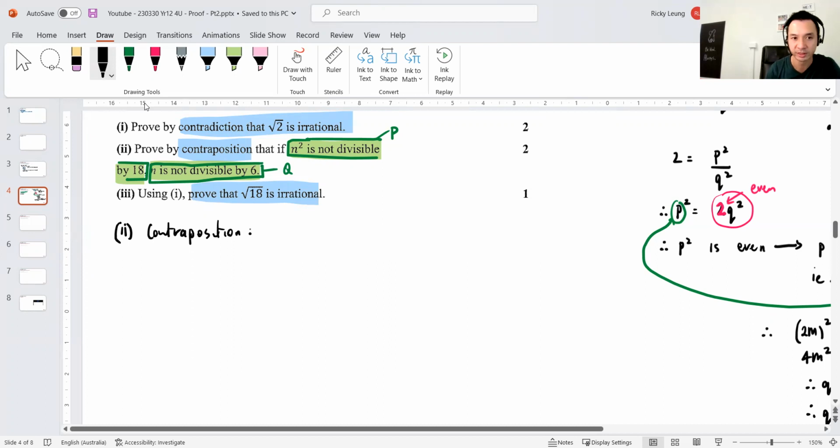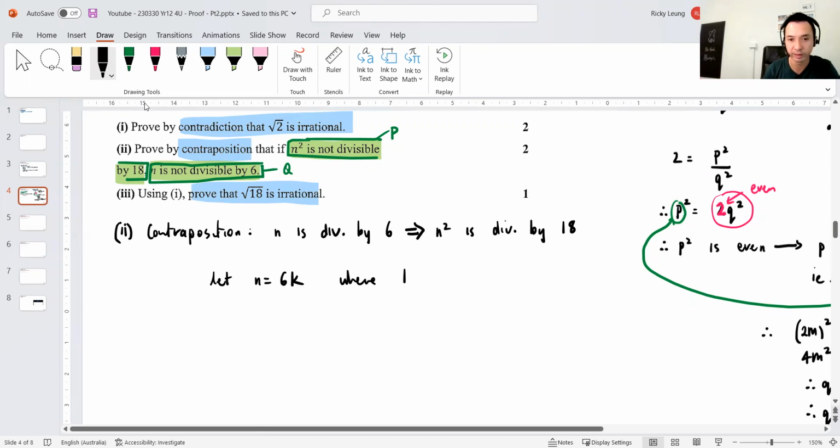So the opposite of Q is n is divisible by 6, implying n squared is divisible by 18. So in this case, all we need to do is let n equal 6 times some sort of multiple, k or something, where k is a positive integer.